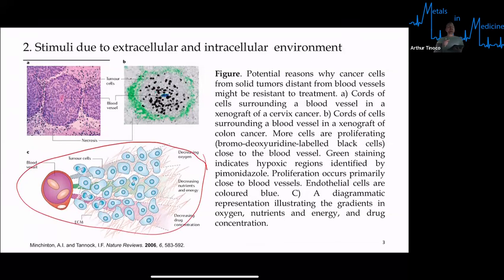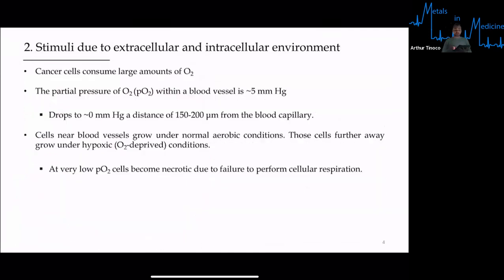The key point of emphasizing that is that cells further away from these blood vessels are able to survive under conditions that are not necessarily the normal conditions for tissue growing. That can be enough of a difference for certain compounds not to be as effective as they were designed to be for cells that are closer to the actual blood vessel.